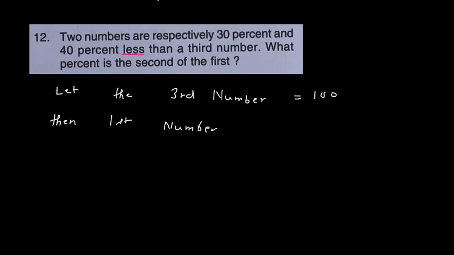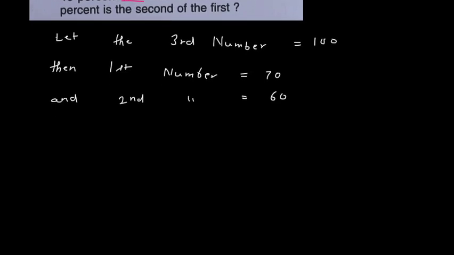So the first number is 30% less: on 100, 30 less will become 70. And your second number on 100 is 40 less, so it becomes 60. Then what percent is the second of the first? Now they are not asking what percent it is more or less, just what percent the second is of the first.